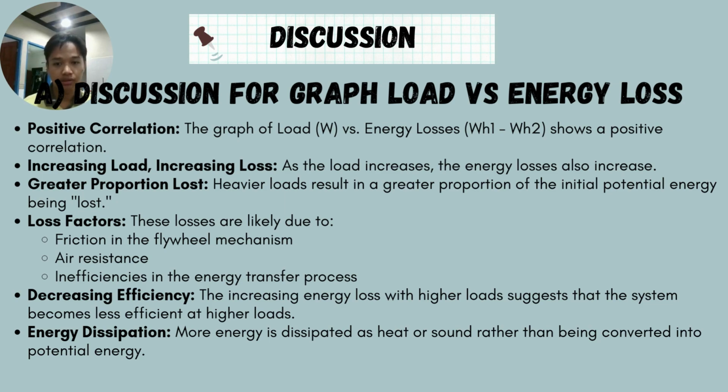These losses are likely due to friction in the flywheel mechanism, air resistance, and inefficiency in the energy transfer process. The increasing energy loss with higher load suggests that the system becomes less efficient at higher load. More energy is dissipated as heat or sound rather than being converted into potential energy.